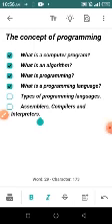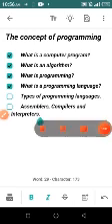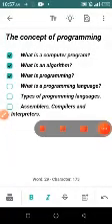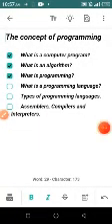Assembly language is, by definition, a human readable notation of the machine language. That is the understandable version of the machine language. So programmers intending to write code in machine language tend to use assembly language.